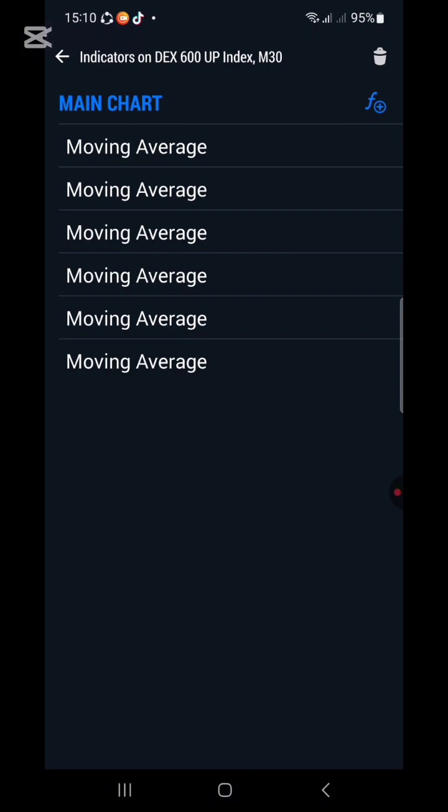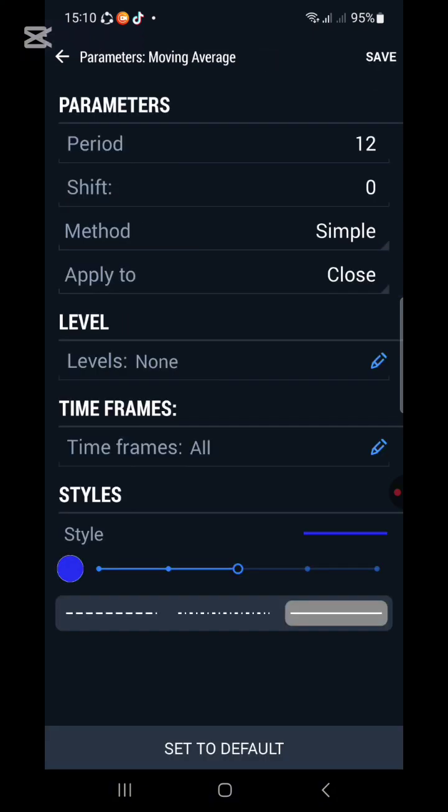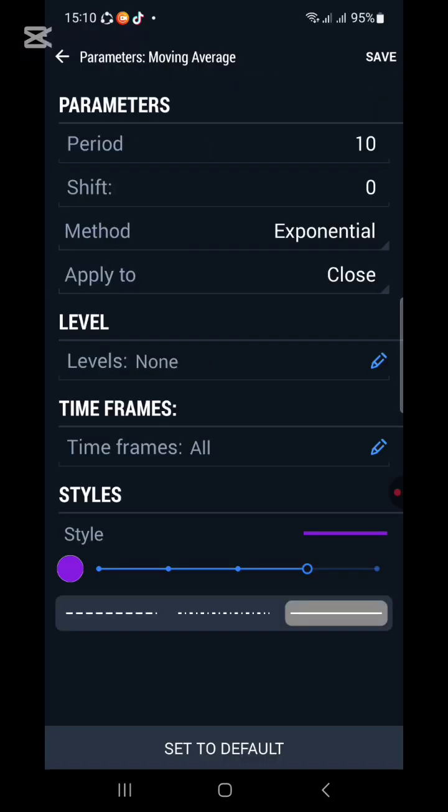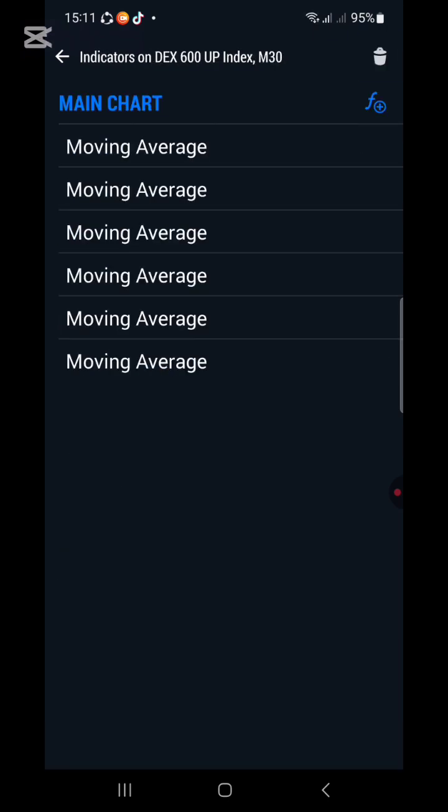Then the next one you need to add, that is moving average number 3, the 12 EMA, period 12, shift 0, method simple, apply to close. Levels, no levels, put blue. You save. The next you want to put is period 10, shift 0, method exponential, close, then color purple, on the style, all time frames, save.